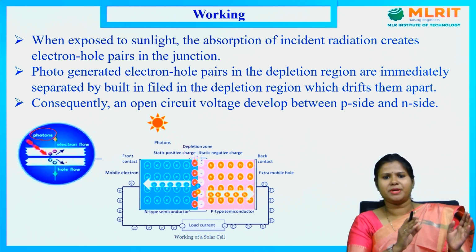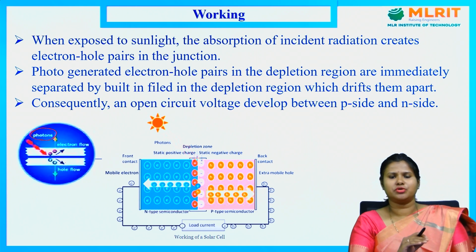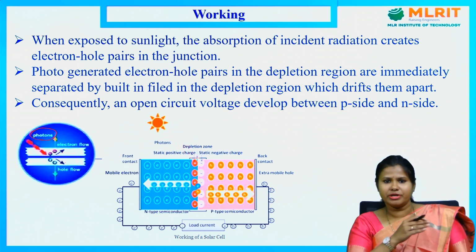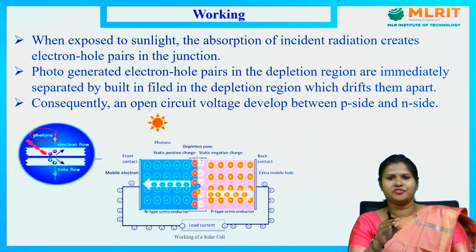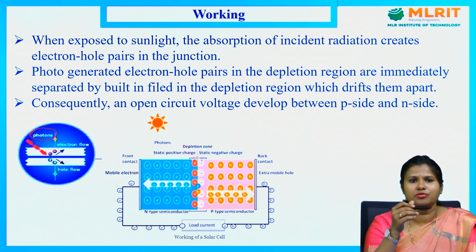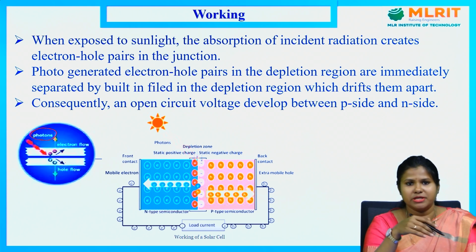In between the p-type layer and n-type layer, as we know, there will be the depletion layer. At this depletion layer few neutral atoms will be there. So whenever sunlight falls on the depletion layer, it transfers its energy to those neutral atoms. Now electron hole pairs will be produced at the depletion layer.